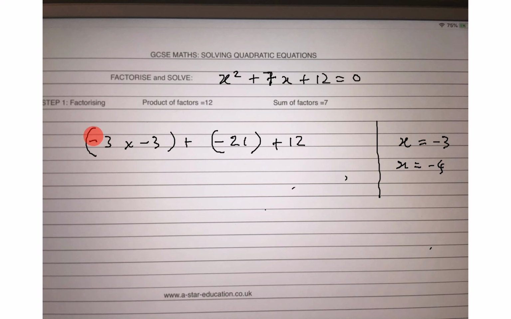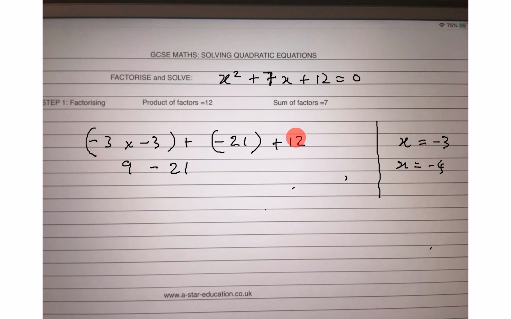Okay, so we've got a minus times a minus. Minus 3 times minus 3 will give us plus 9. And then we're going to subtract 21. Okay, we're going to add minus 21.